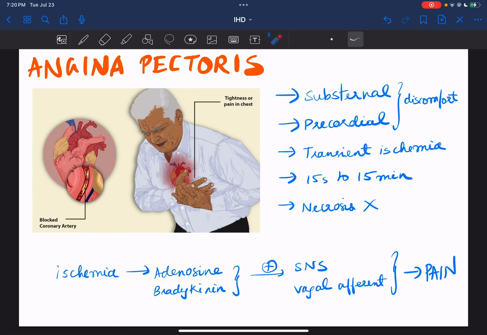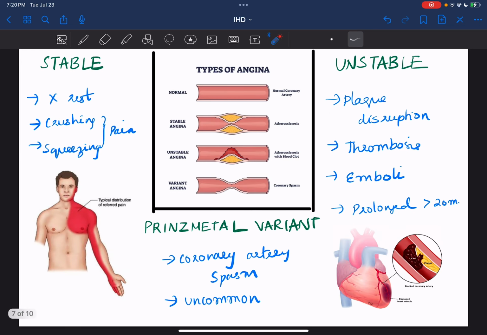What adenosine and bradykinin do is stimulate your sympathetic nervous system and vagal afferent nerves. And that stimulation causes a squeezing discomfort, or eventually some sort of pain, a squeezing pain, tightness in your chest. So ischemia, stress, leads to release of adenosine and bradykinin, which stimulates the sympathetic nervous system, that causes your pain. Alright, that is angina pectoris.